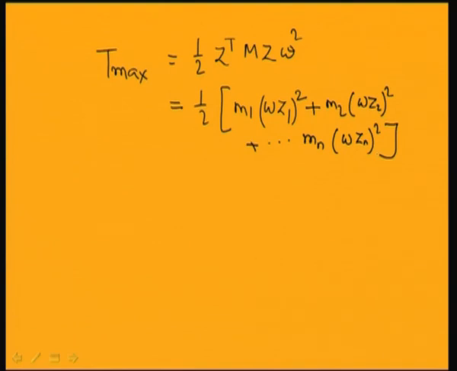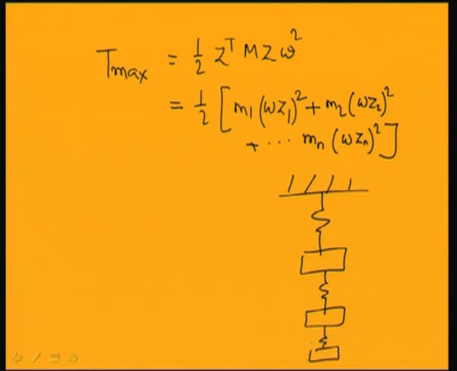So, let us have a system with 3 masses. This is one mass, this is the second mass, so let me add a third mass also to the system. So, this is m1, this is m2, this is m3. The kinetic energy of the system will be equal to, this is z1, this is z2, and you are assuming this to be z3.